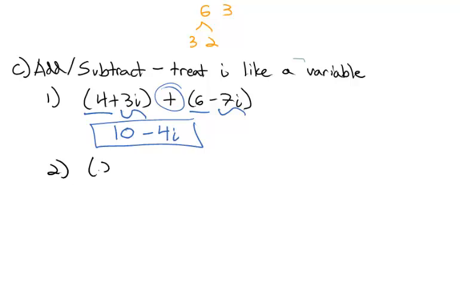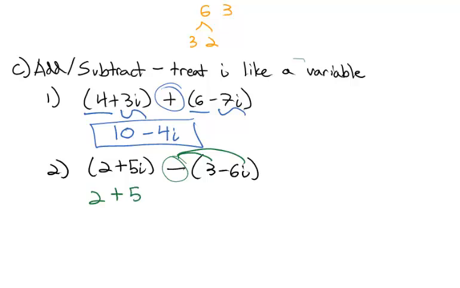How about we try a subtraction problem? We'll take 2 plus 5i, a complex number, and we'll subtract 3 minus 6i, another complex number. Now this time the minus in between does make a difference, because it has to distribute through the entire parentheses. So let's do that.